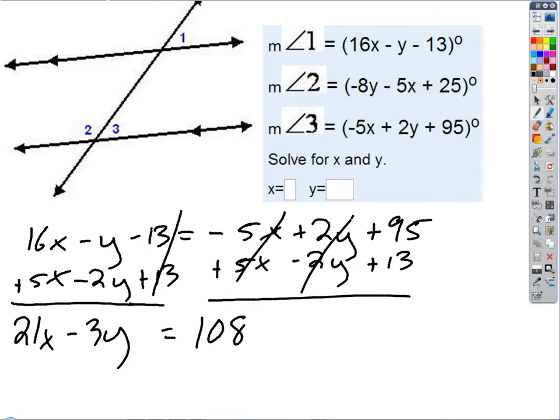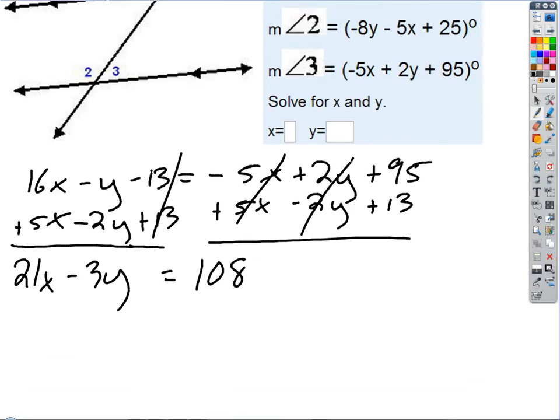Okay, now let's take that equation right there. Can I solve that and get answers for both x and y? I can't. Can I? How come? Somebody try to articulate for me, why can't I? What's the problem? Okay, they're on the same side, and I've got two variables in only one equation, right?